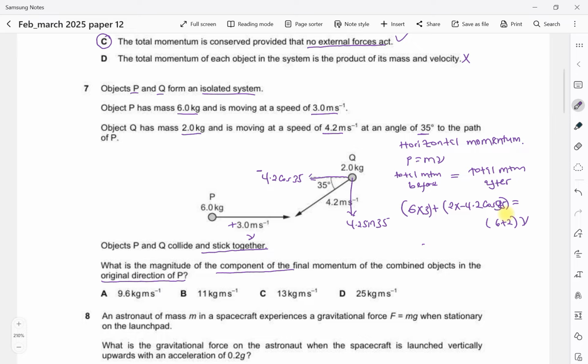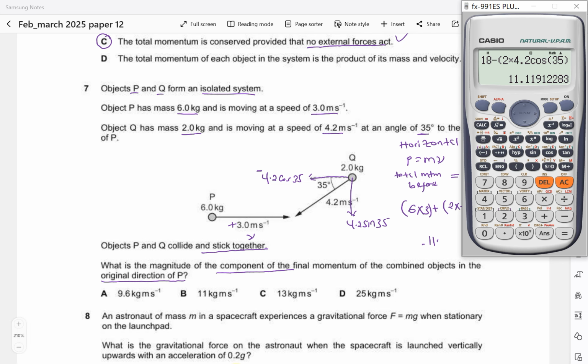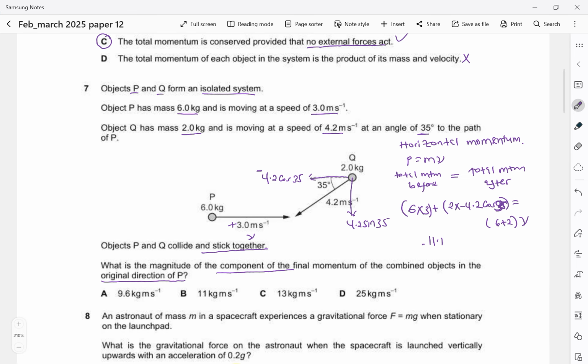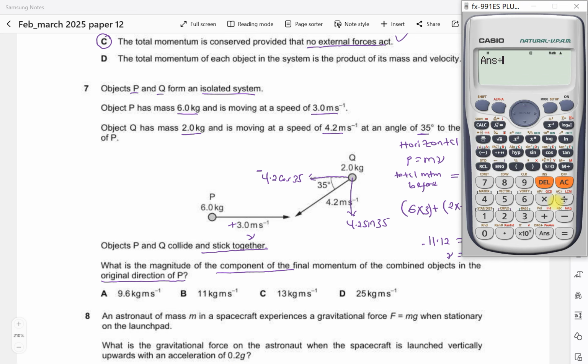This is 35. Okay, so we have 11.1, let me just say 12 is equal to 8 times V. So V equals 12 divided by 8. So this is giving me 1.39.